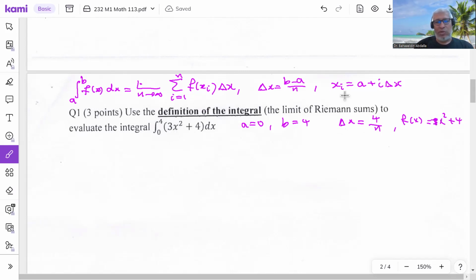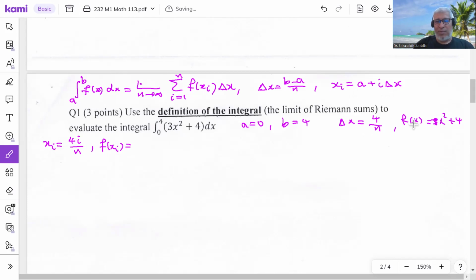Okay, so let us find xi. What is xi? It is a, and a is 0, so 0 plus i delta x. Delta x is 4 over n multiplied by i, so 4i over n plus 0. So this is xi. Okay, so I have delta x and xi, and I need f of xi.